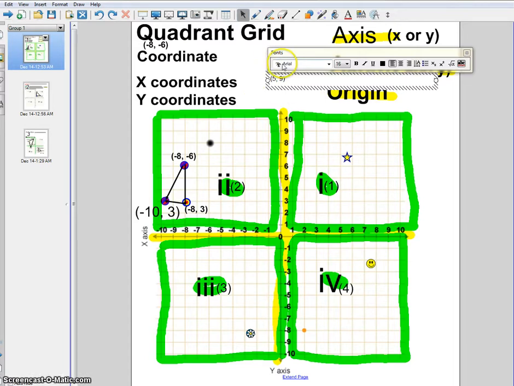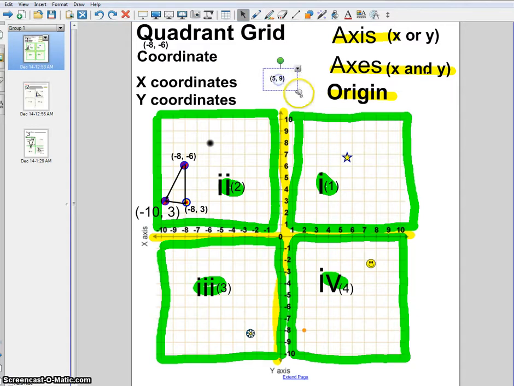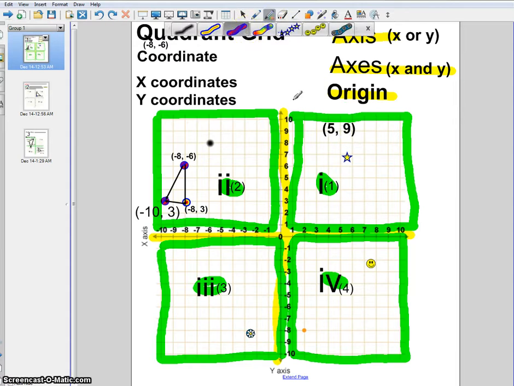So now I've created a coordinate pair: (5, 9). And I'm going to mark it with a coordinate. A coordinate is just the marking or the point on the actual grid, 5 on the x-axis, 9 on the y-axis.